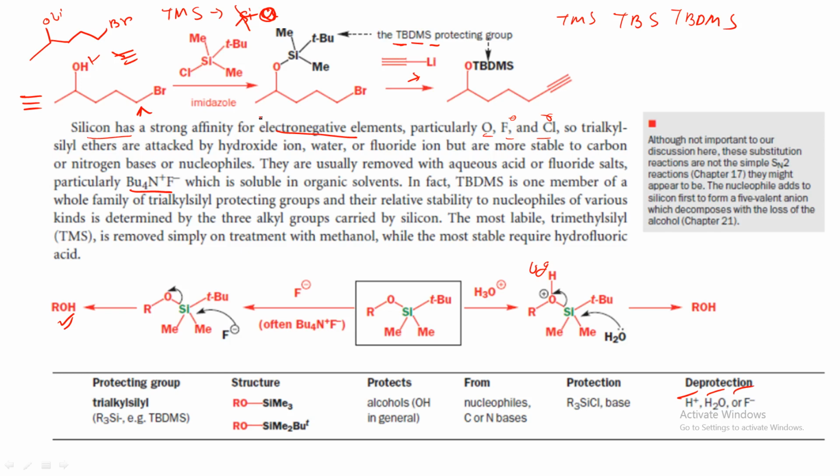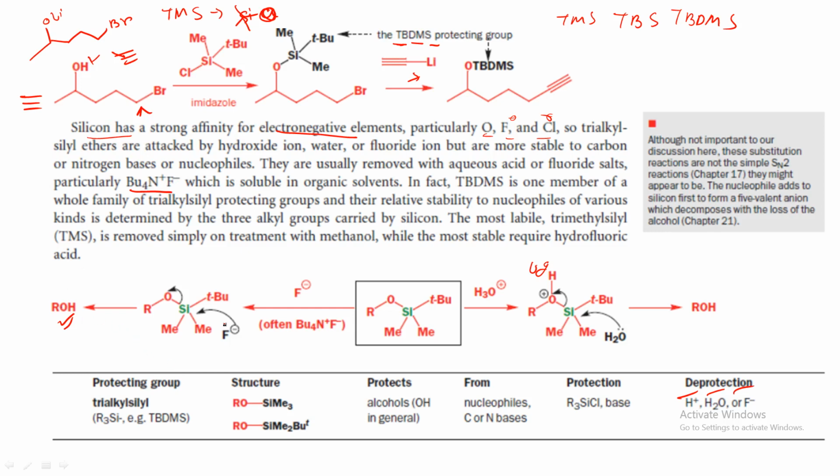That's how silicon-based protection groups are used. Tetrabutylammonium fluoride, this kind of F minus source, is used to remove them.